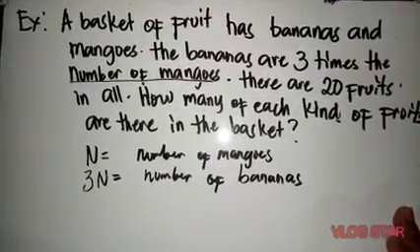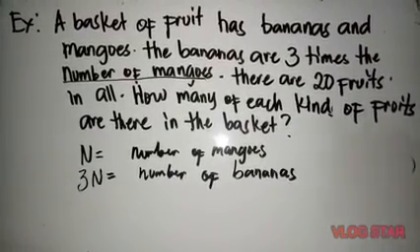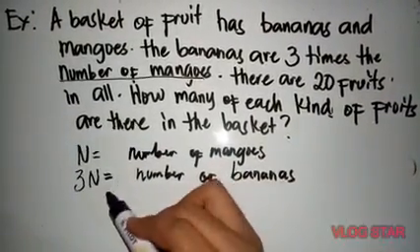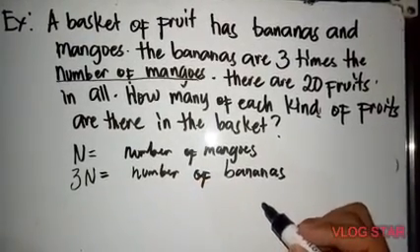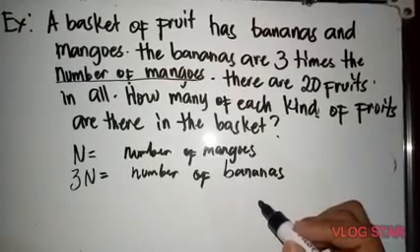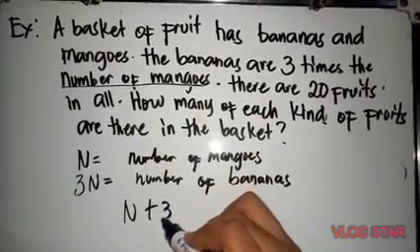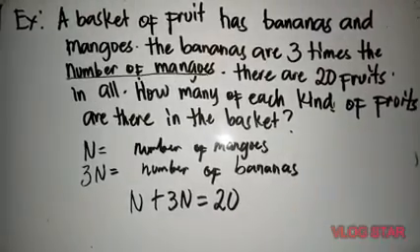Then now we can write it in an equation. Since there are 20 fruits in all, we can write this as n plus 3n is equal to 20.